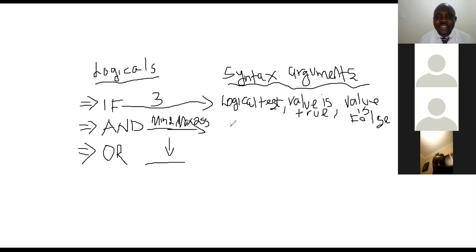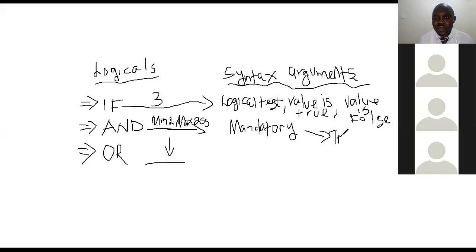Here, this is mandatory. At any given time, the condition, if it is to be met, it has to be true. All the variables have to be true. If one of the variables is false, it will give you false.